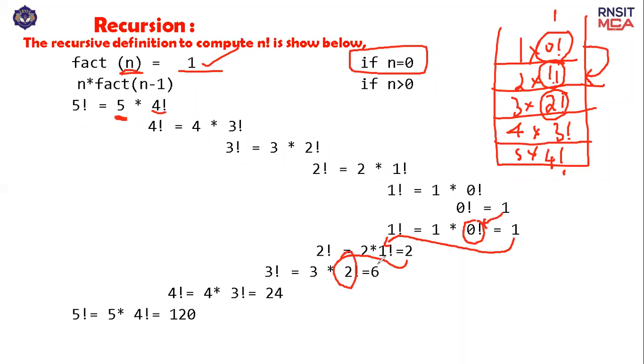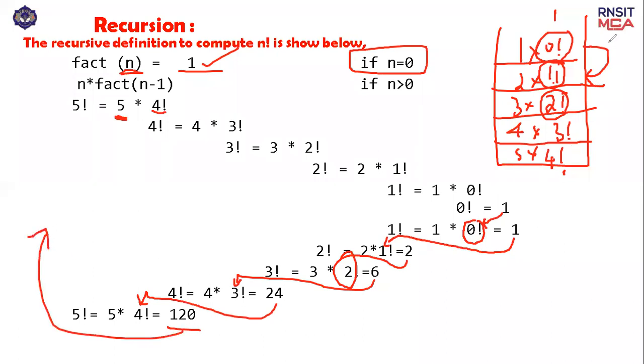And 2 into 3 is 6. 6 is replaced by 3 factorial, and that is 6 into 4, which is 24. 24 is replaced in 4 factorial, and 5 into 24 is 120. 120 is the final answer that is going to be returned back.